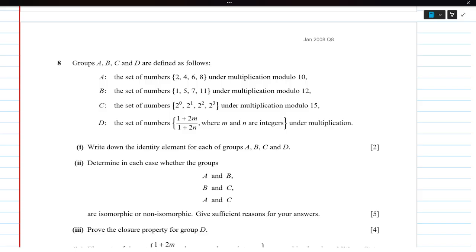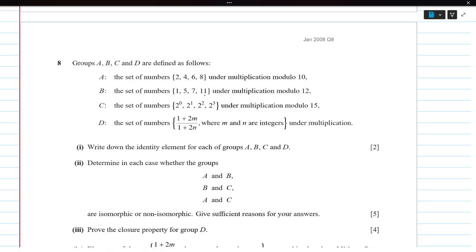No. 4 times 4 is 16 modulo 10, yeah, it's 6. 6 times 6 is 36, modulo 10 is 6. 8 times 8, last time I checked, was 64. Modulo 10 is 4, which is not 8. Look, I'm going to come back to this. This is actually not good.